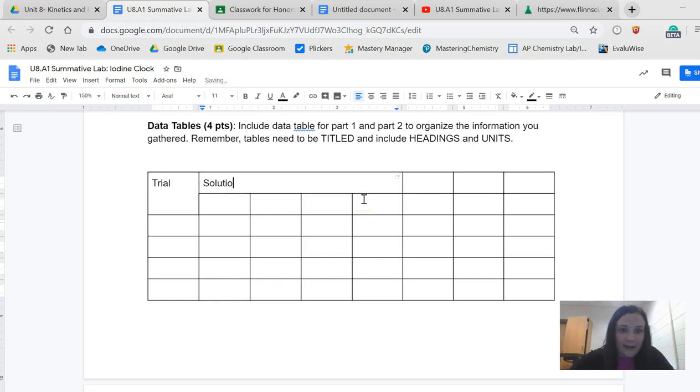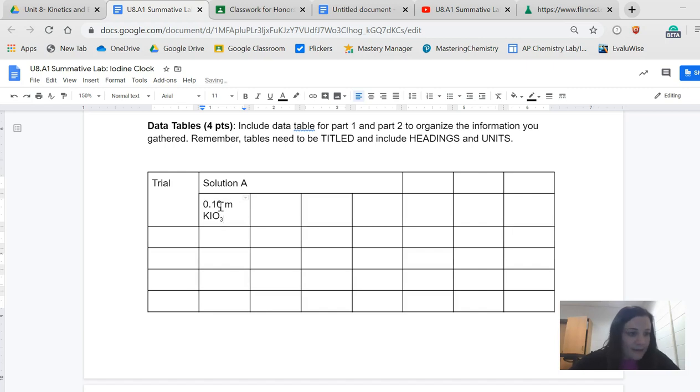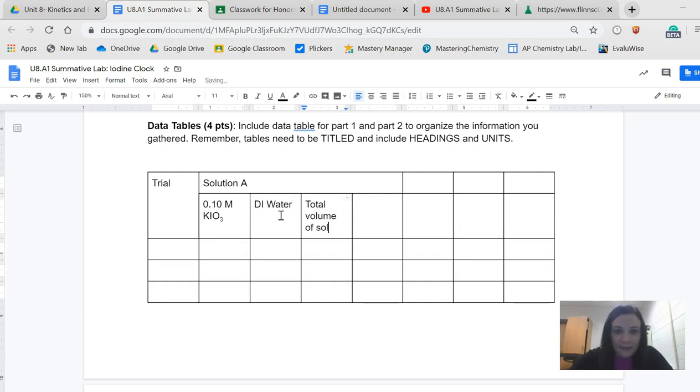These are the columns for solution A. This would be your volume of potassium iodate. This one would be our volume of deionized water. This would be the total volume of solution A. And then lastly, the concentration of solution A.